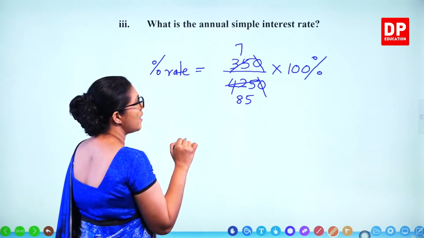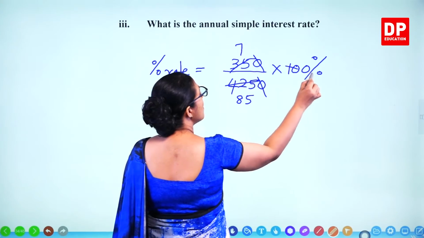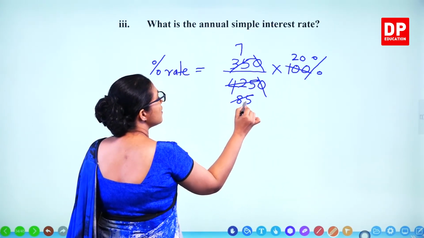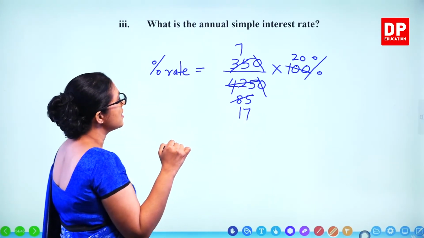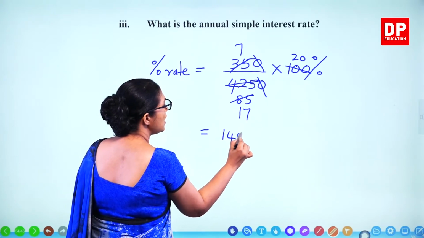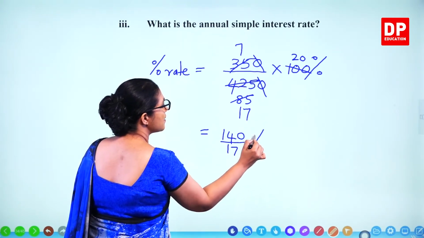Then again you can divide by 5. 5 times 20, 5 times 1, 5 times 7, 70. So now we can multiply 7 times 20, 140, divide by 17.